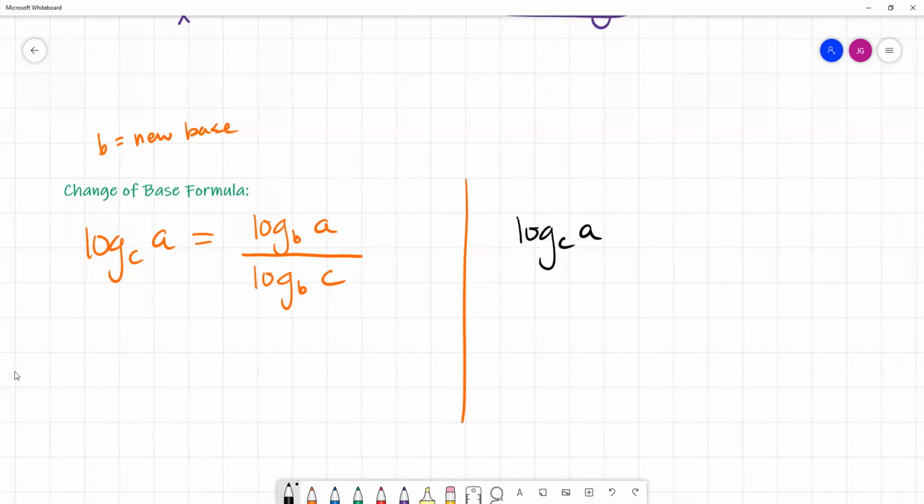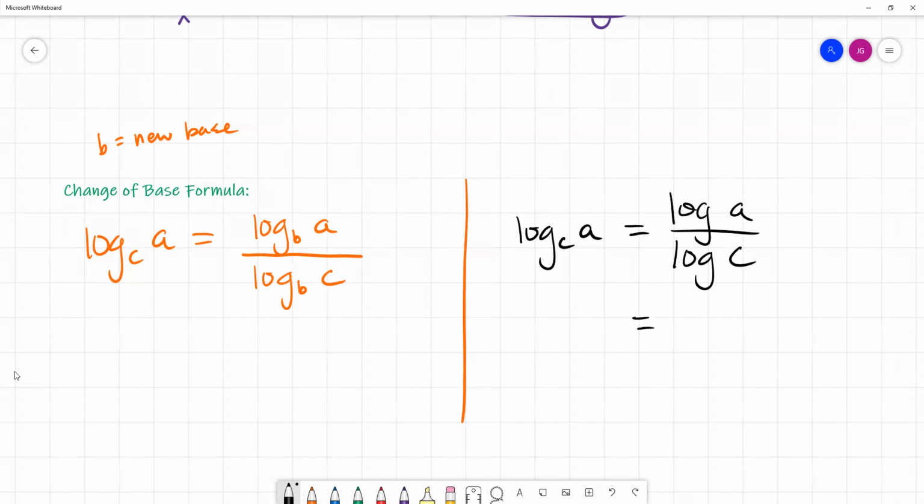It's like 3 and 4, right? There's no number that I know of that I can raise 3 to to get 4. What I can do is write it as log base 10 of a divided by log base 10 of c.